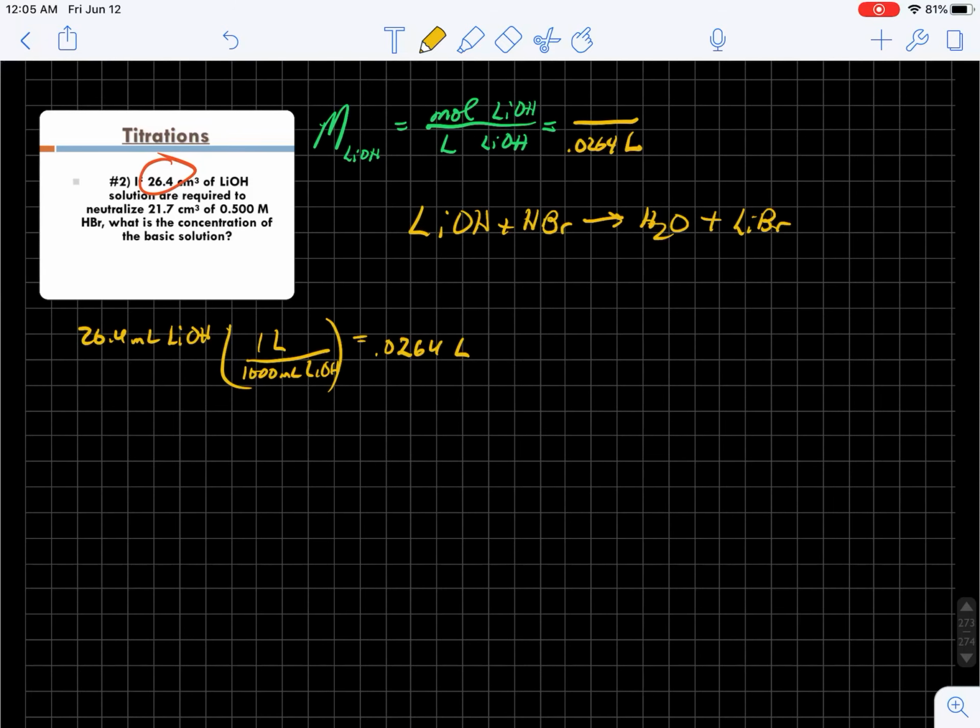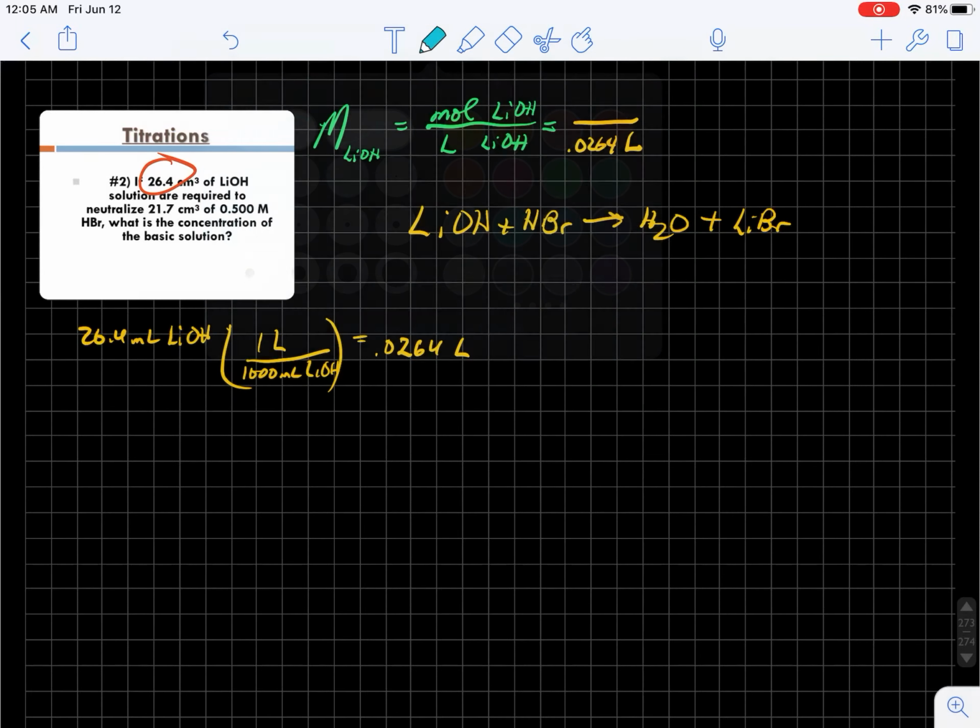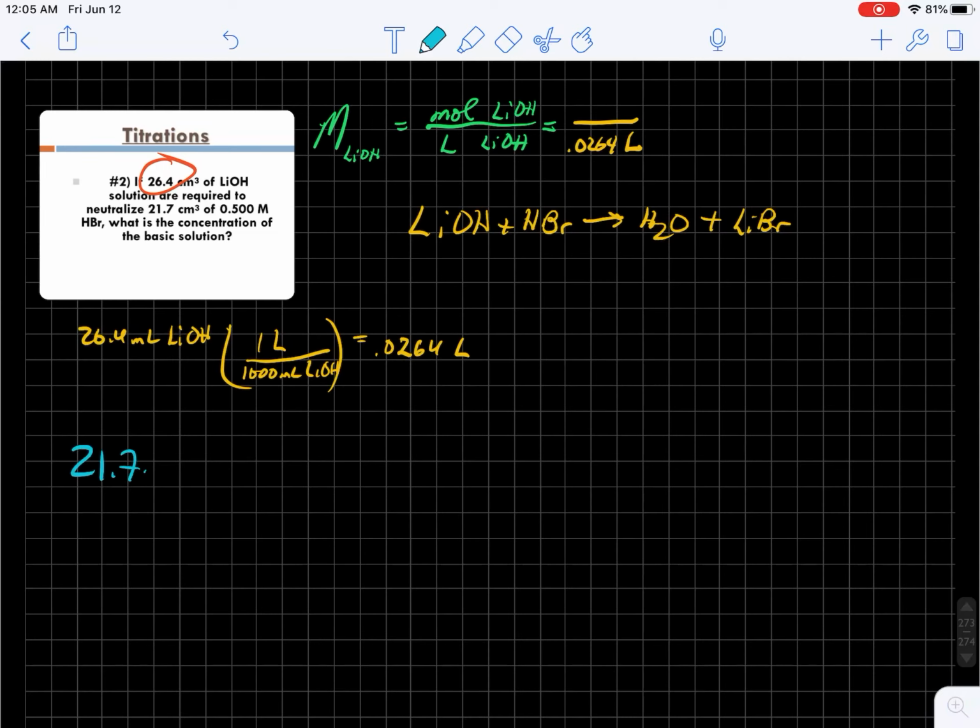Okay, so start with what they give you. Let's start with the titrant. The titrant is the acid. And they used 21.7 milliliters of that hydrobromic acid. Let's convert it to liters. Right. And do they give us the molarity? Yes, they do.